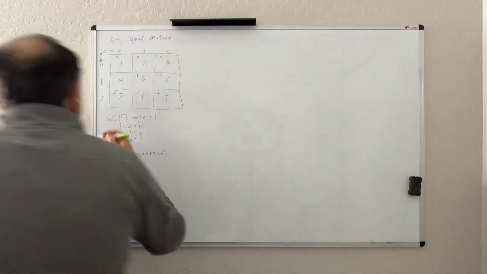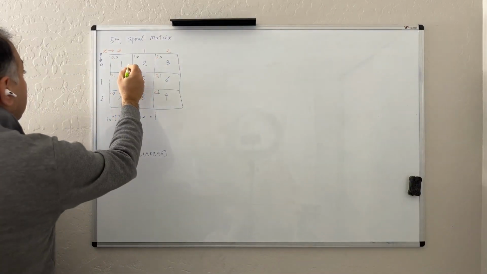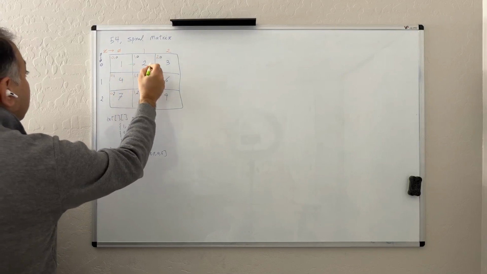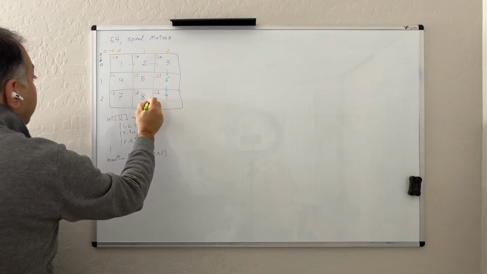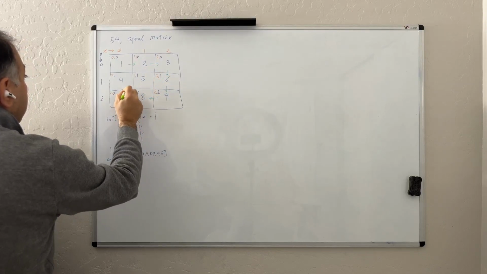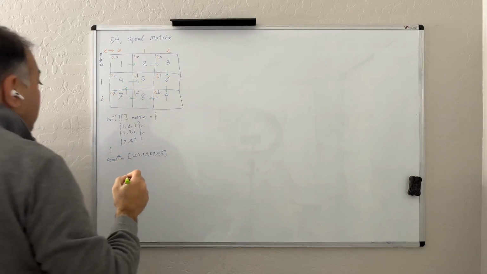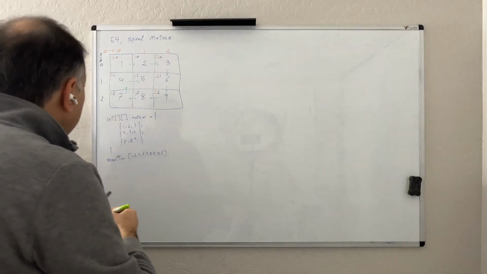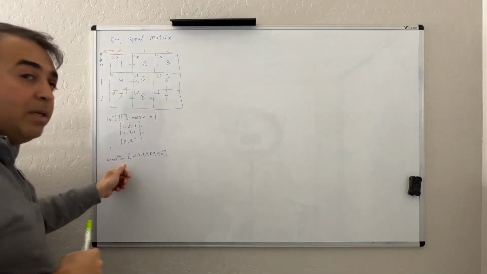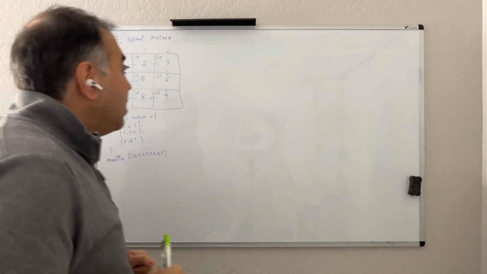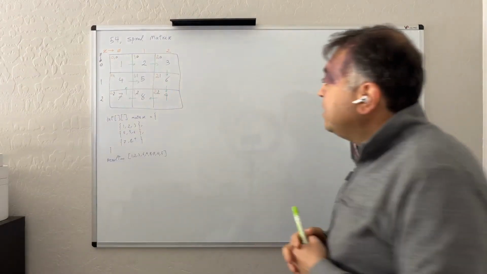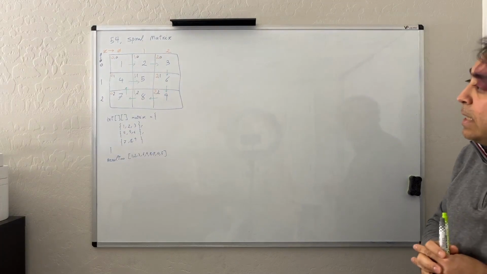So we want to browse the matrix like this. The result after browsing the matrix will be a one-dimension array like this.